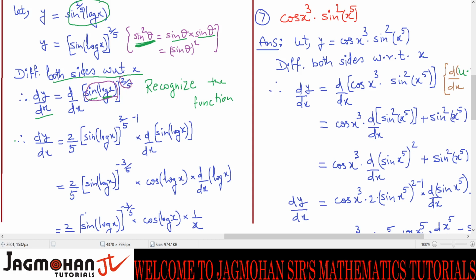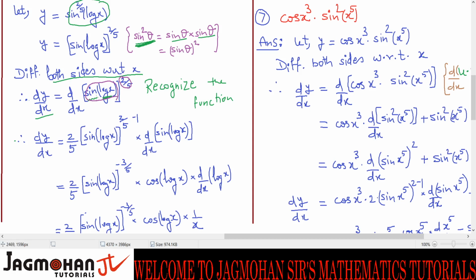So the outer function decides the result to be applied. It is variable raised to constant. Definitely later in the solution, sine will come, sine will play its part, log will also come, log will play its part, but in the beginning it is what kind of function? It is variable raised to constant.